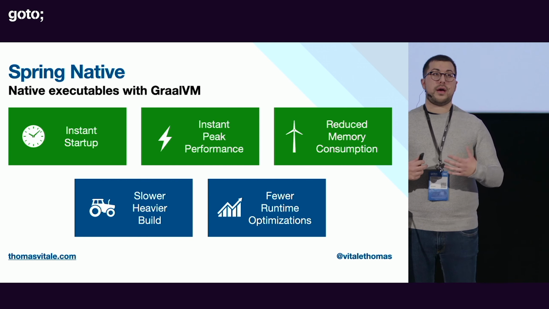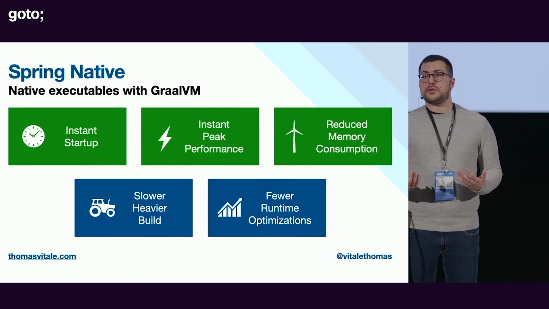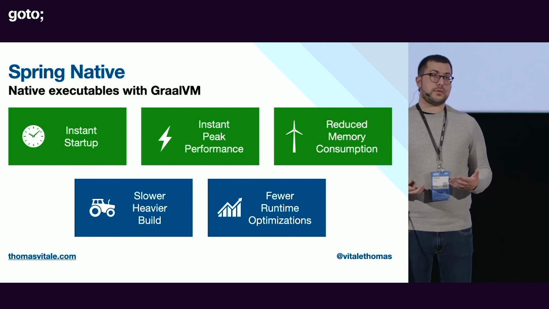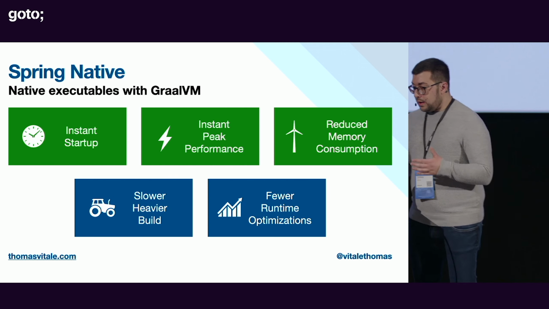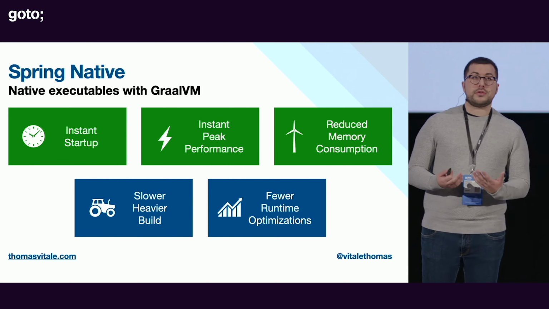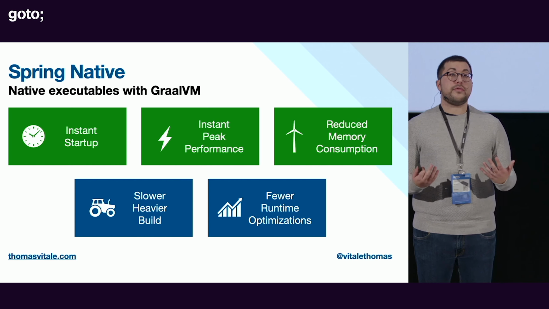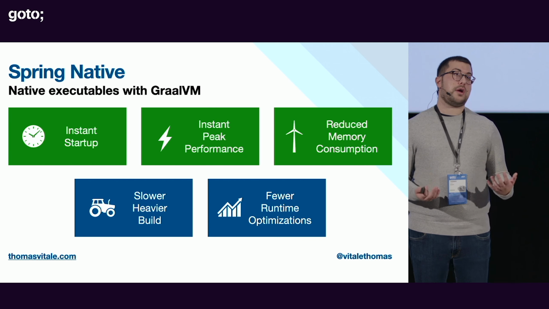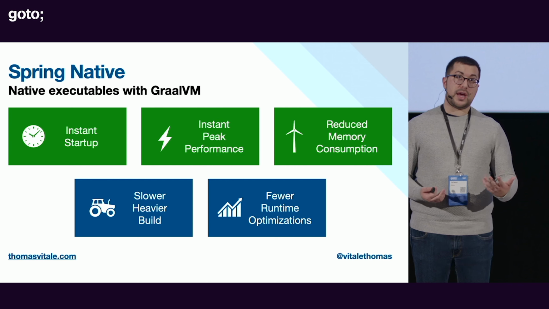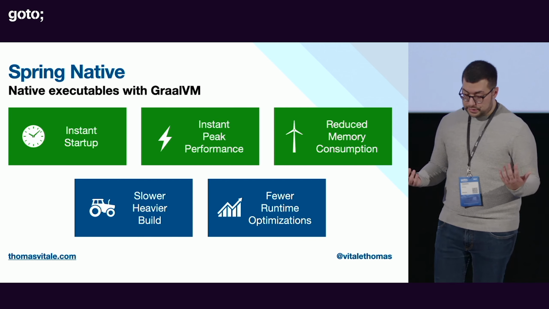So since we are now moving everything to the build phase, we need to do it in a static way. So we are missing some opportunities to further optimize the code. The goal of Spring Native is to achieve these native executables without changing anything in your code, at least with regard to all the libraries provided by Spring, either Spring libraries or the third-party libraries used by the starter projects.